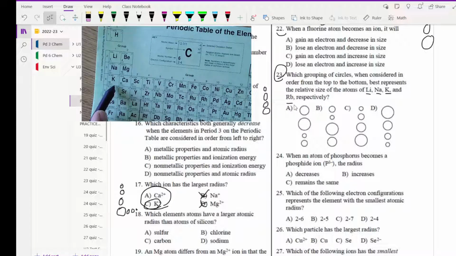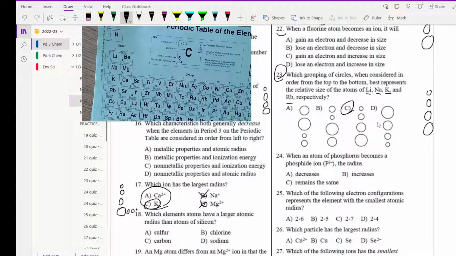Remember we're going from small to bigger, so lithium should be the smallest, then sodium, and then potassium. So we should have an ever increasing size, and rubidium should be the largest. It all follows the same pattern I've been drawing: with increasing shielding effects down a group, the atoms get larger. So hopefully that makes sense.